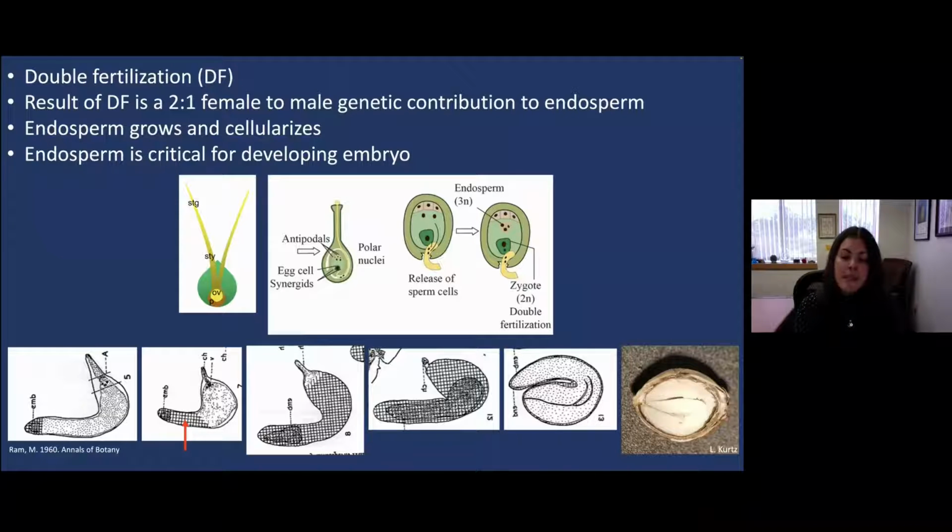And once it cellularizes, it can be used by the growing embryo. The endosperm is very sensitive to the ratio of contribution of the female and the male parent. And ideally you have what's called a 2-to-1 relationship in the contribution of female to male, which works really well.